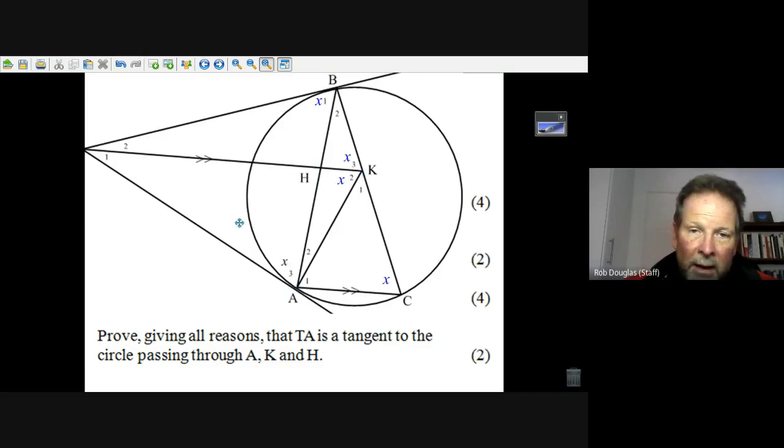You could put a circle through A, K, and H right there. We could put a small circle through there. And why? Because the angle between the tangent and this chord here, AH, which would be a chord in the circle, is equal to the angle at the top of the triangle. So it's the converse of the tan chord theorem that makes that work.